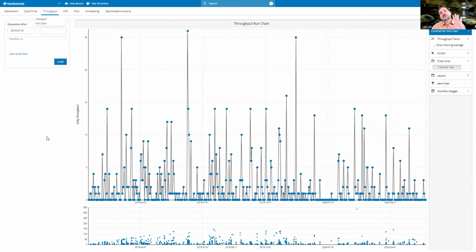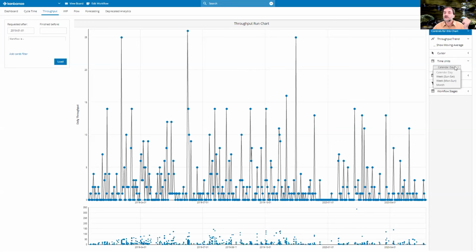I just want to touch on one last one, and that is the throughput run chart, which is actually a combination of the cycle time scatter plot and histogram because it shows us the daily throughput by time. As we can see, there are quite a few days that have got high throughput, whereas we've got lots of days that don't have that much.